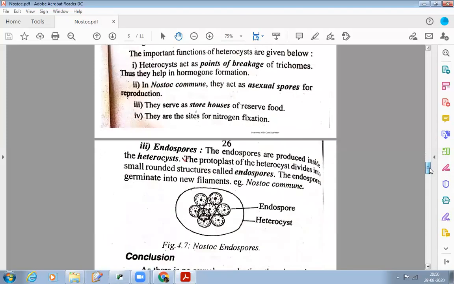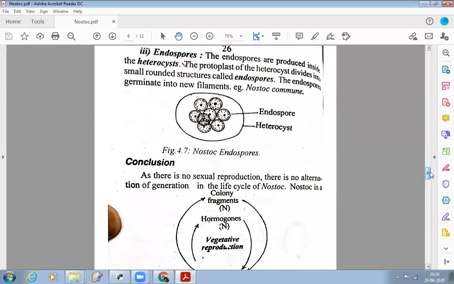Okay. So the next is endospore formation. The endospores are produced inside the heterocyst. They are very small in size in comparison to the akinete, vegetative cells and heterocysts. Once there are unfavorable conditions, the protoplast of the heterocyst divides into small rounded structures known as what?